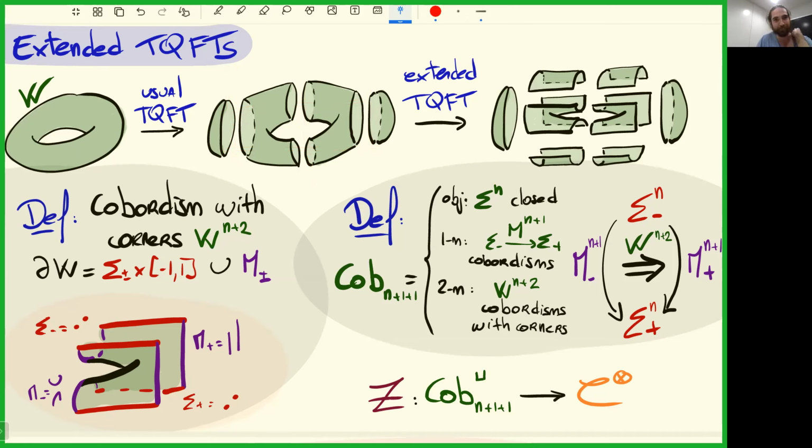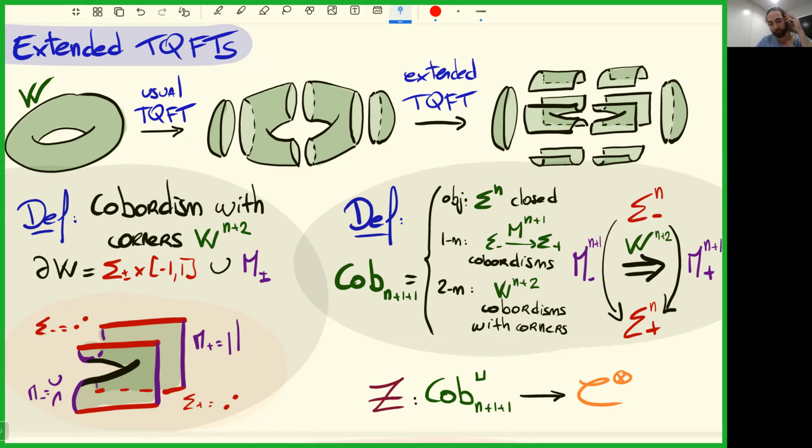Maybe for surfaces it's not clear it's that interesting, because this was not that complicated anyway. But in higher dimensions, it really changes something that I can cut even further. So now I have this extended TQFT that gives me linear maps assigned to cobordisms and that behave very well with cutting and pasting.